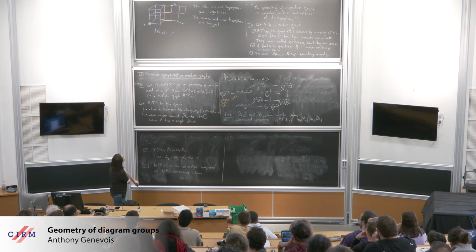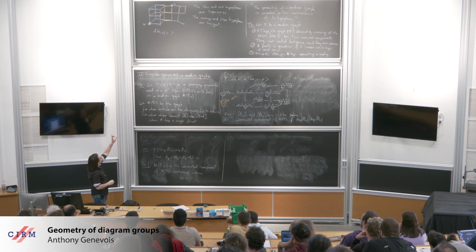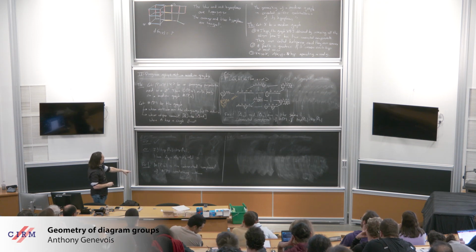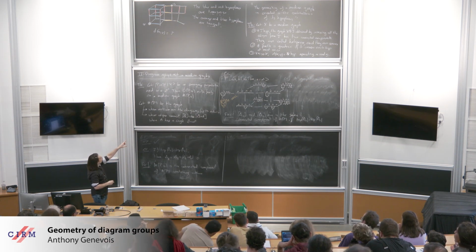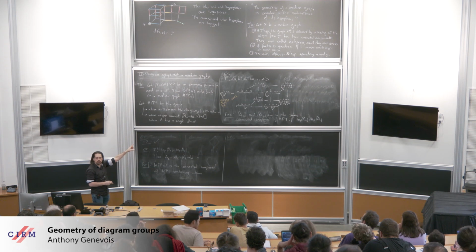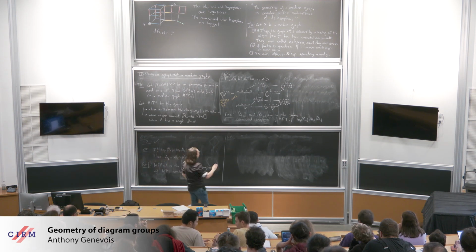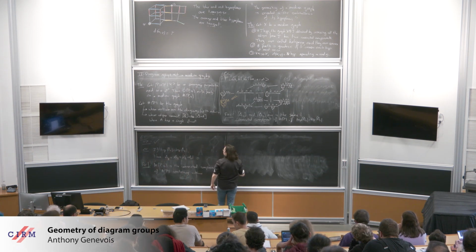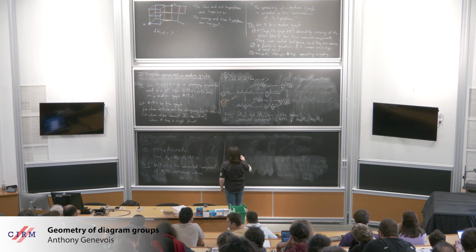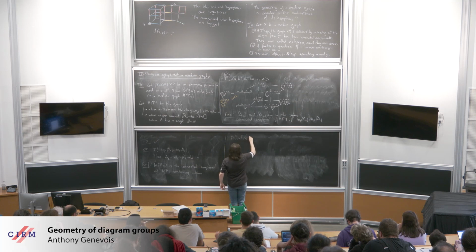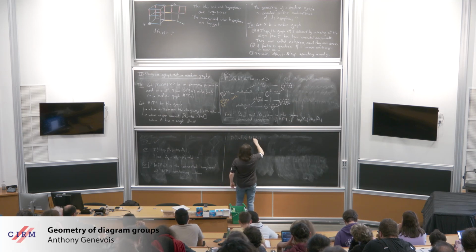Okay, so my theorem tells me that first, this should be a median graph, and I'm supposed to have an action of the diagram group on it. So the action should be clear, right? So dPW acts on MPW by left multiplication.